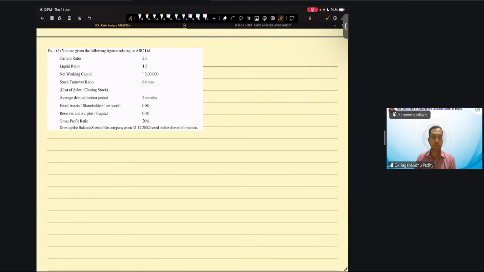Since the liquid ratio is also given, we also need to compute stock, because liquid assets are computed by subtracting stock. There could also be prepaid expenses, but the question is silent about that, because there can't be two unknown things together. So for the time being, let us prepare the format.